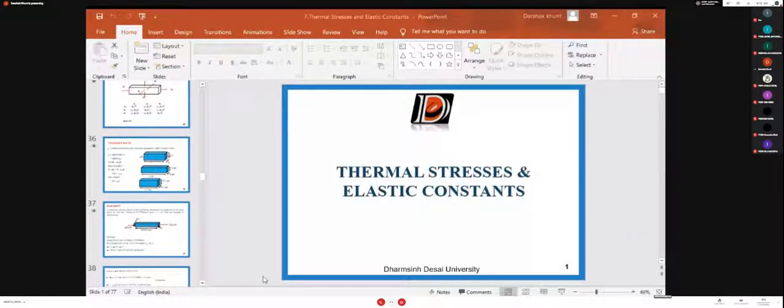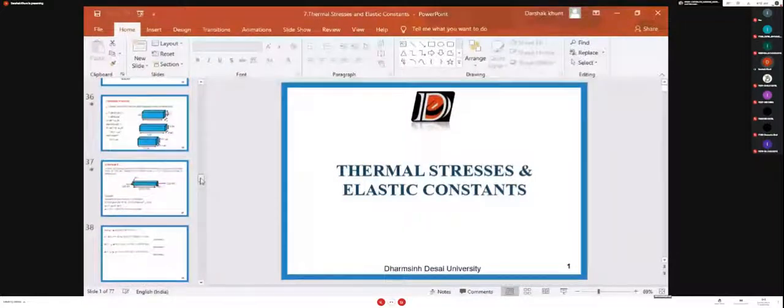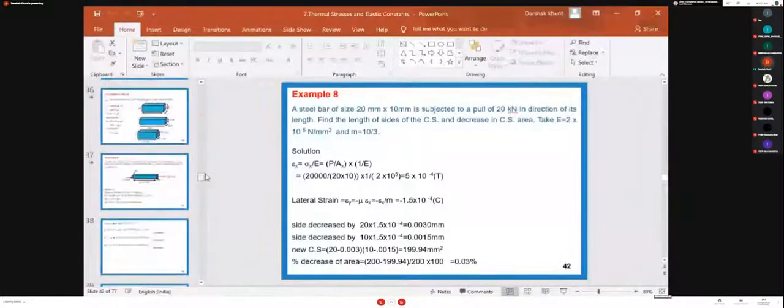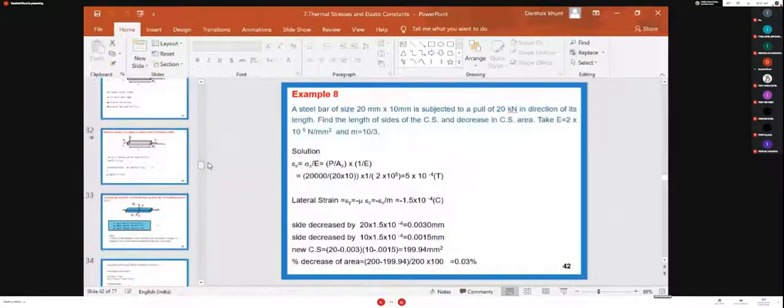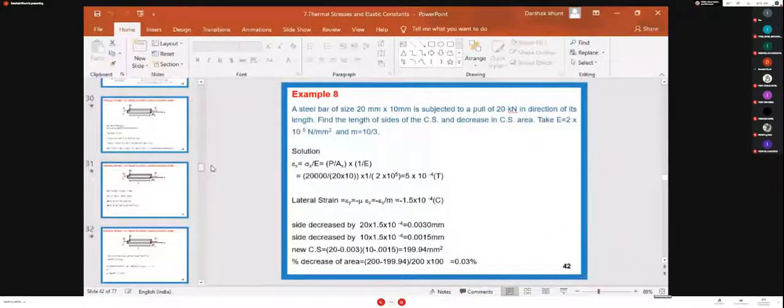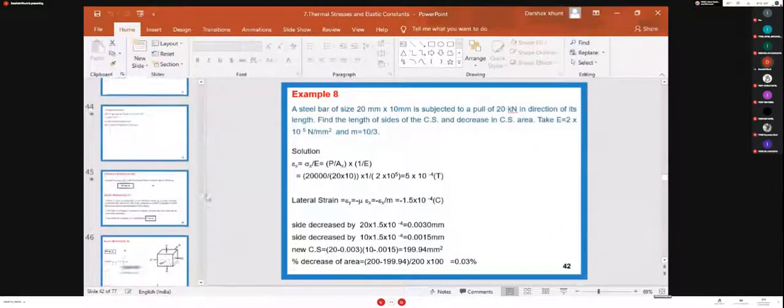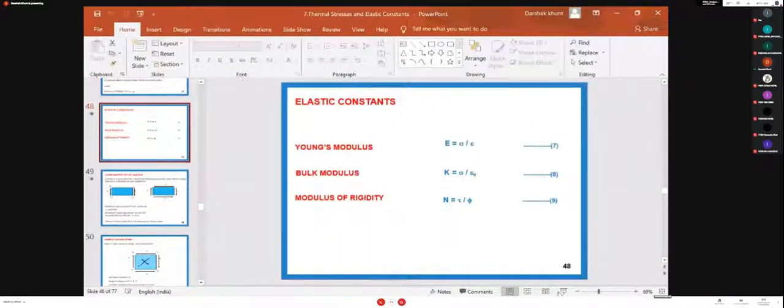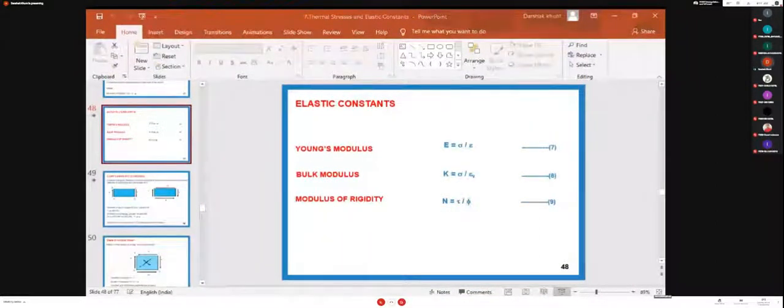So in the last lecture we discussed the thermal and saw the dimensional relation with stress and strain and derived the three constants. It's known as the elastic constants: the Young modulus, bulk modulus, and modulus of rigidity.